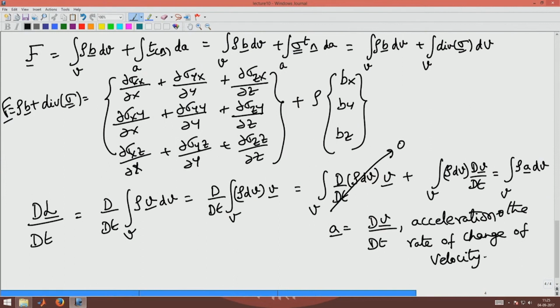Okay. So, dl by dt now becomes integral over V of rho a dV. Now, what does Newton's second law state? It states that F is nothing but dl by dt.